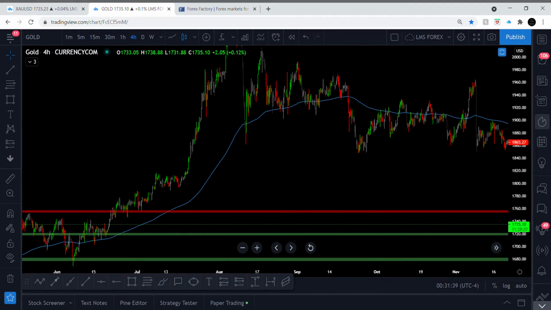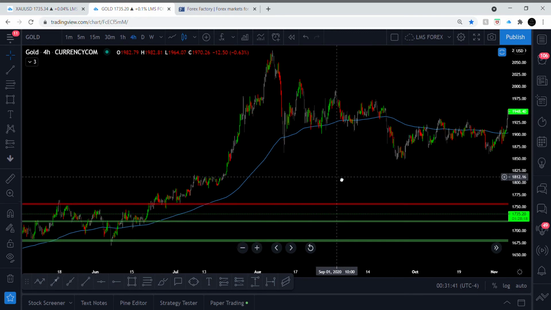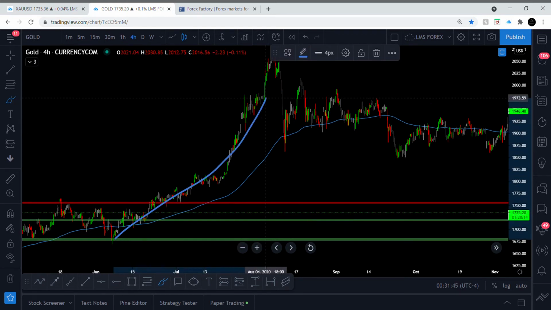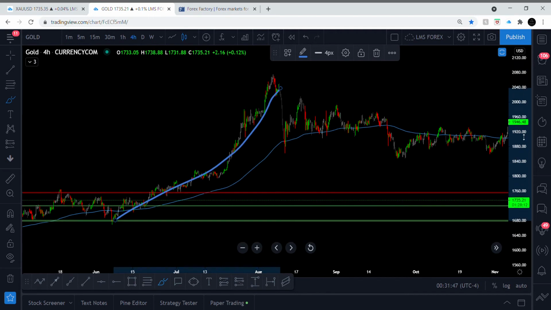Look what happened when the market touched it before. This was a very strong bullish move. We're talking about from 1735 all the way to above 2000 something. You see, this was a very major level of support.